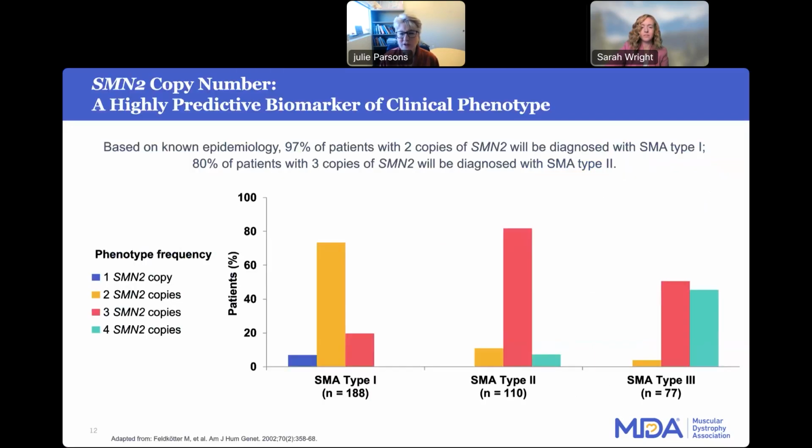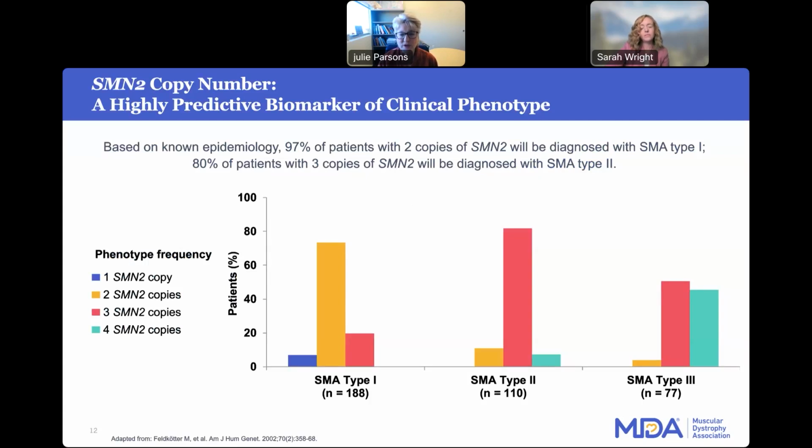Unfortunately, this is not absolutely clear-cut, and it is really important to remember that although there's a nice association between SMN2 copy number and disease phenotype, it's not absolute. For instance, in the most severe phenotype, the SMA type 1s or the non-sitters, in general those patients will have 2 copies of SMN2.